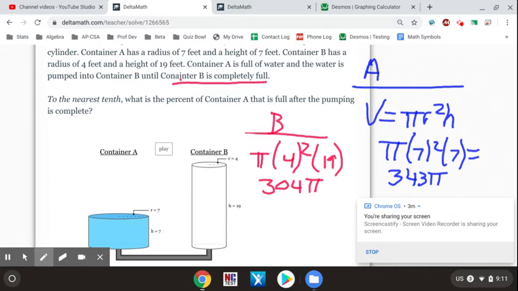Well, basically, I need to figure out how much water has left tank A. So I used to have a full tank, 343, and I just have a small amount left because 304 pi has been pumped into the other tank. My stylus isn't wanting to cooperate right now, but that should be 304 pi.